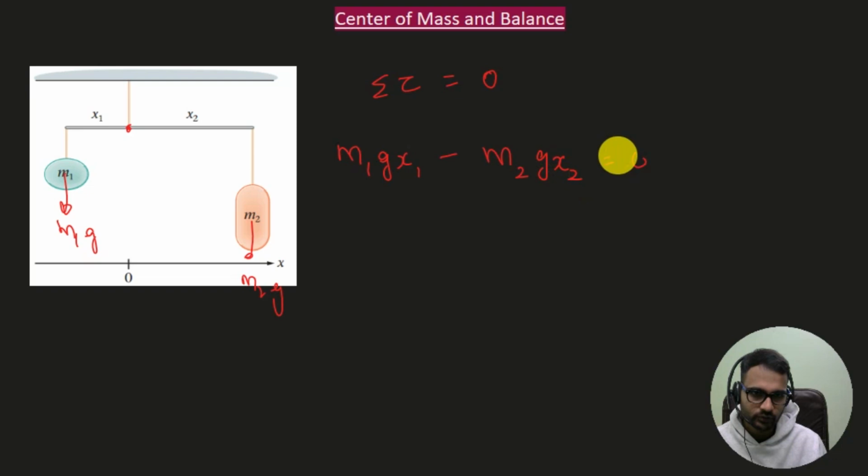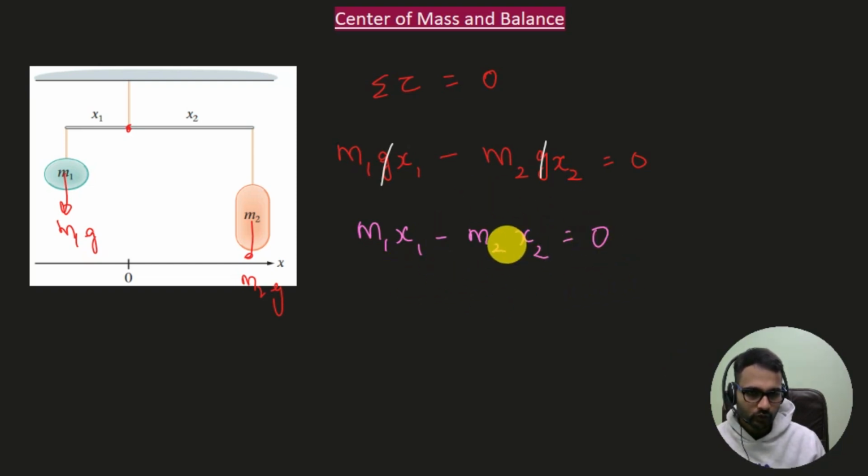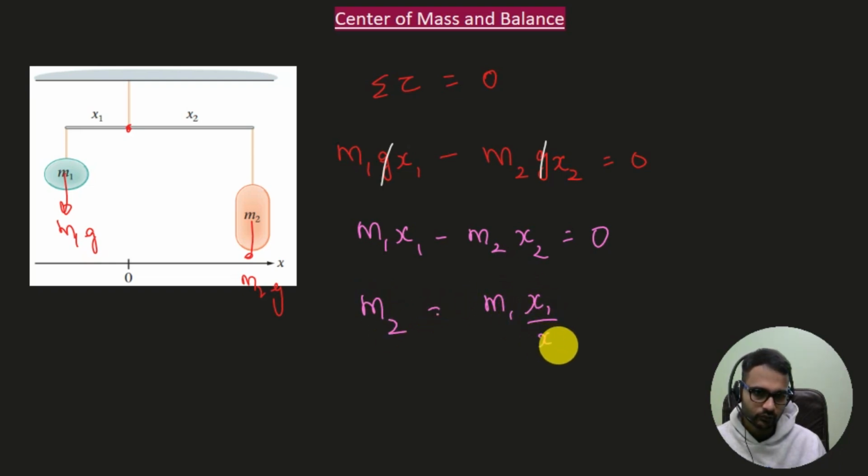This will be equal to 0, and from here this g and g will cancel. We'll get that m1 x1 minus m2 x2 will be equal to 0. Now if you solve it for m2, this would be equal to m1 x1 over x2. This would be the expression for m2.